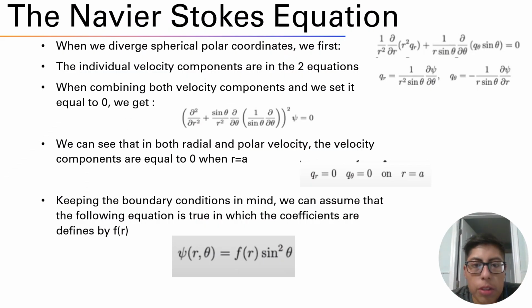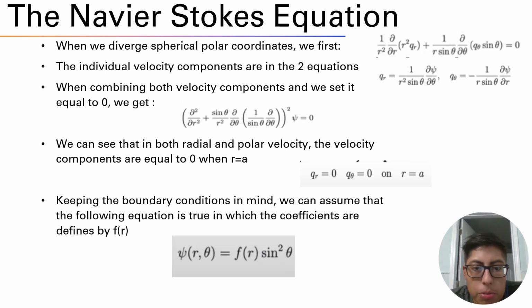Now we'll talk about the Navier-Stokes equation. When we diverge in spherical polar coordinates, we first get the equation to our right. Individual velocity components are in two equations, the Q sub r and Q sub theta equations. When combining both velocity components, we set it equal to 0, and we get the following equation, which, as you can see, is equal to 0.